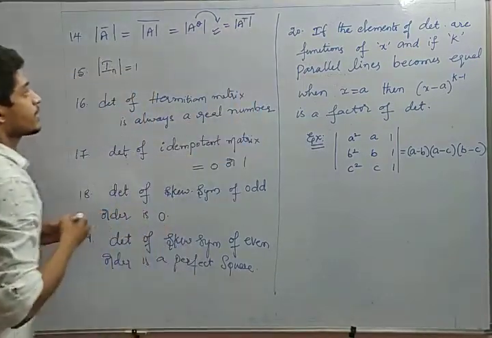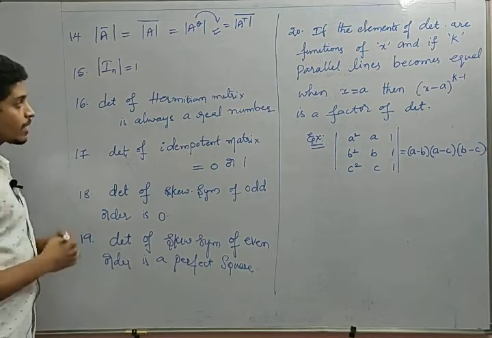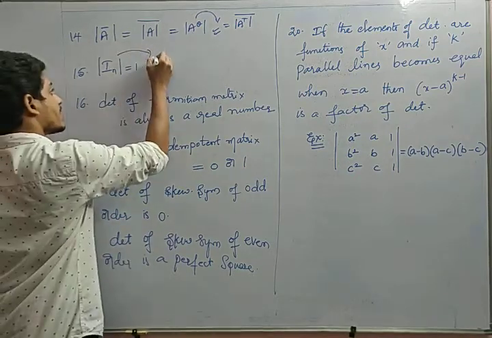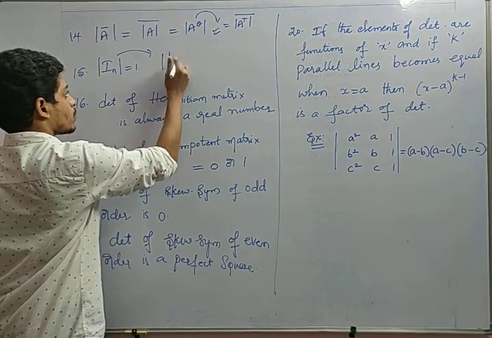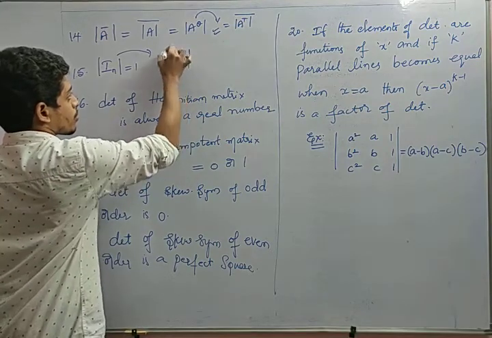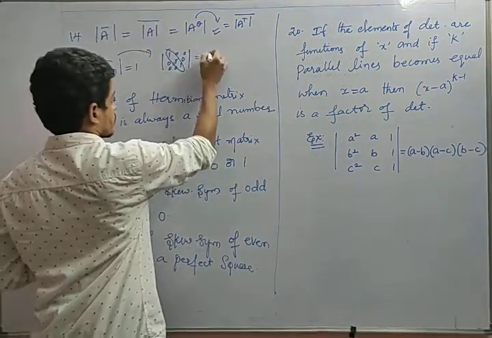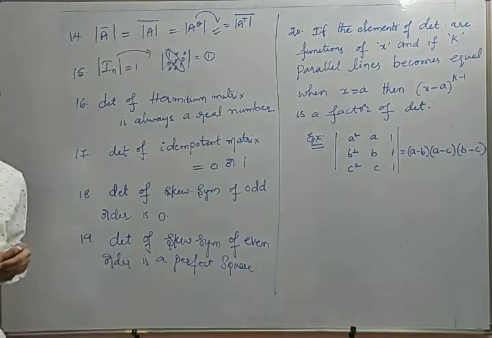Okay friends. Next. Determinant of identity matrix. This value is always 1 because identity matrix is nothing but a scalar matrix, right? 1 0 0, 0 1 0, 0 0 1. So it is the product of diagonal elements for a diagonal matrix or scalar matrix. So determinant of identity matrix is 1.